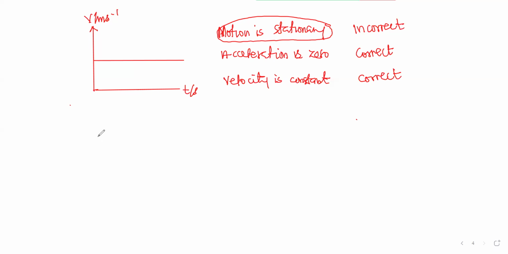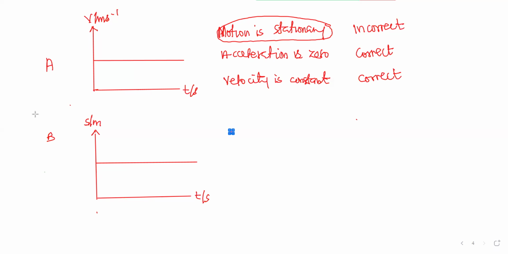So what then is the difference between these two graphs? We have A, what we just spoke about, and B, this graph. B is a displacement time graph. And the graph is like this. Nora, what is the difference between A and B?